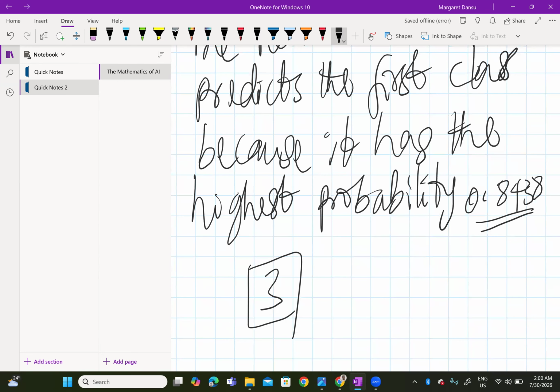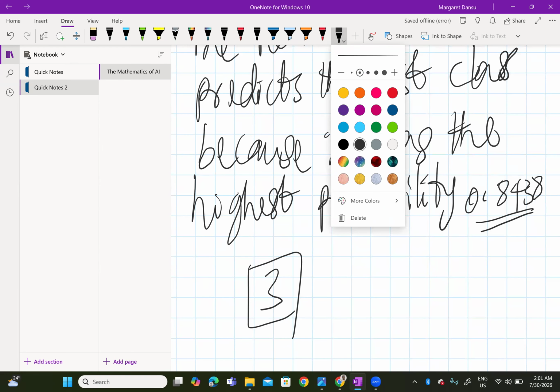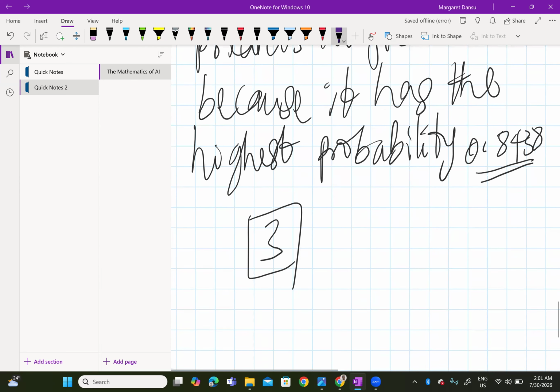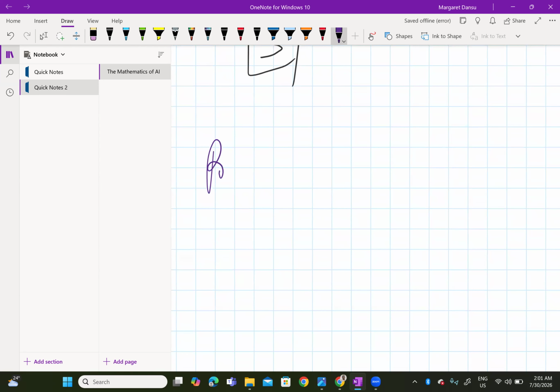Okay, let's go for problem 16. So here now, let's go purple. Okay, so that's problem 16 now.